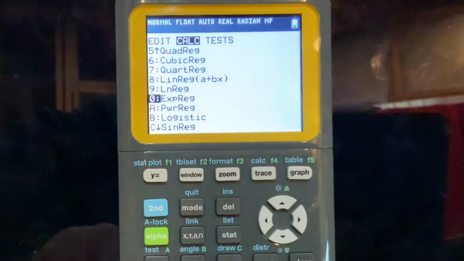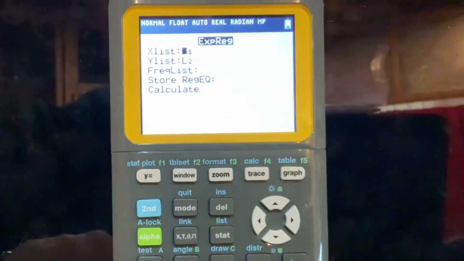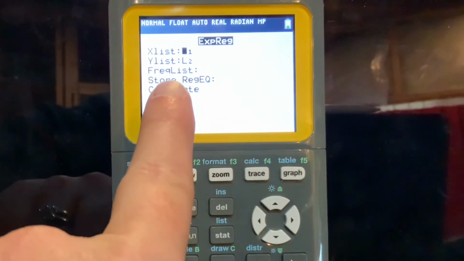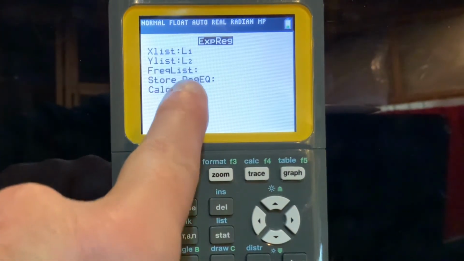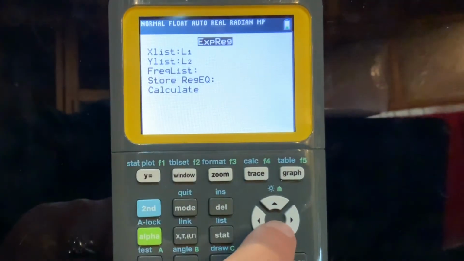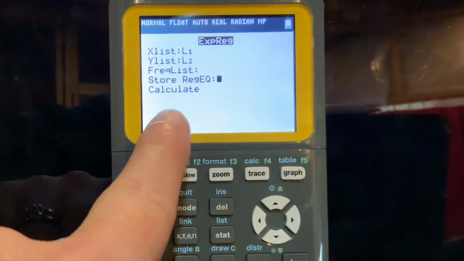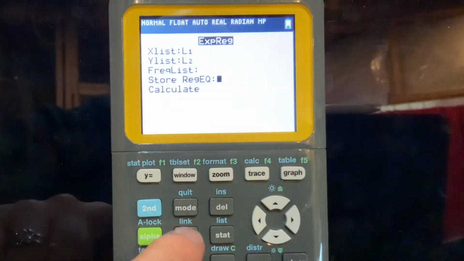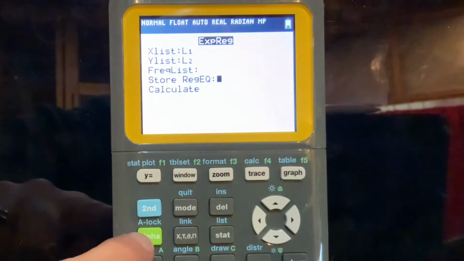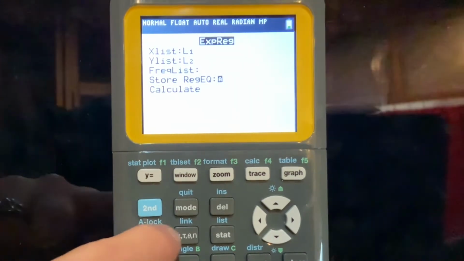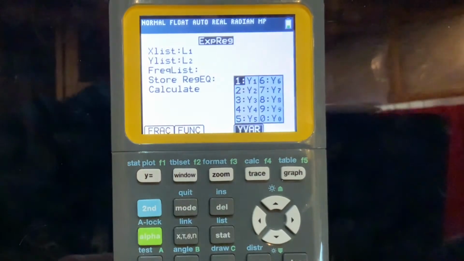Exponential is here at 0, so you hit enter. My X list was in L1, my Y list was in L2. If yours are different, you need to change it. Frequency list needs to be empty. When this is done, where do I want it to put the equation? I want it to put it into Y1. So if I hit alpha F4, I can choose Y1.